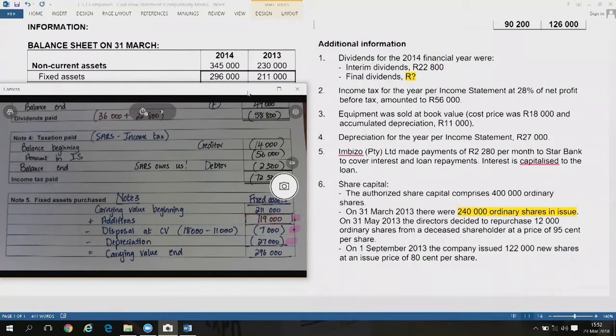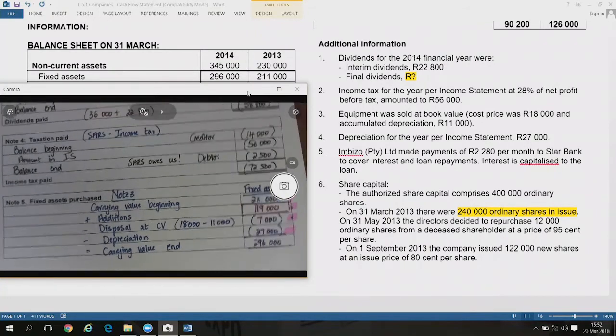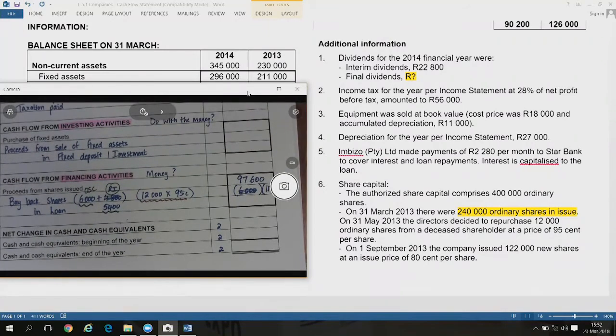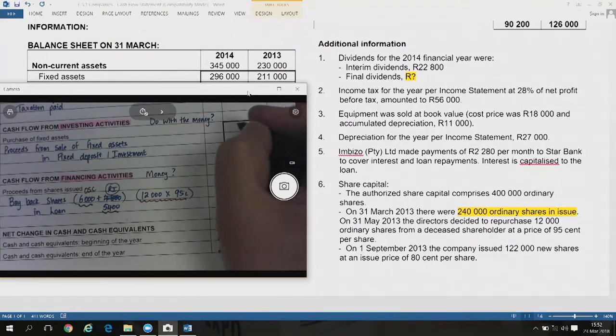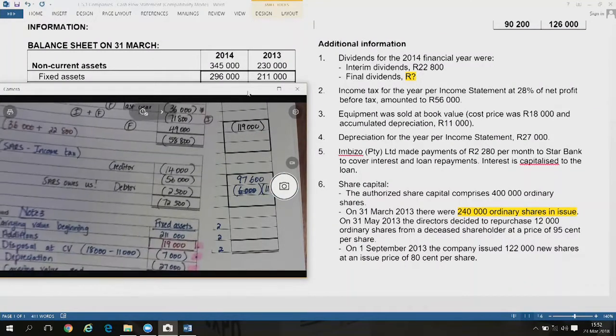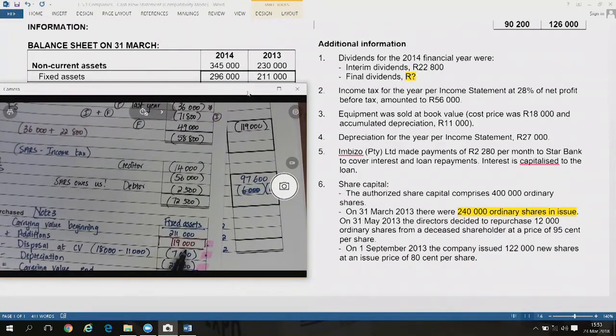So in our cash flow statement, we were looking for purchase of fixed assets. Purchase of fixed assets, 119,000. But remember, now it's money out. In your note, it's more fixed assets.